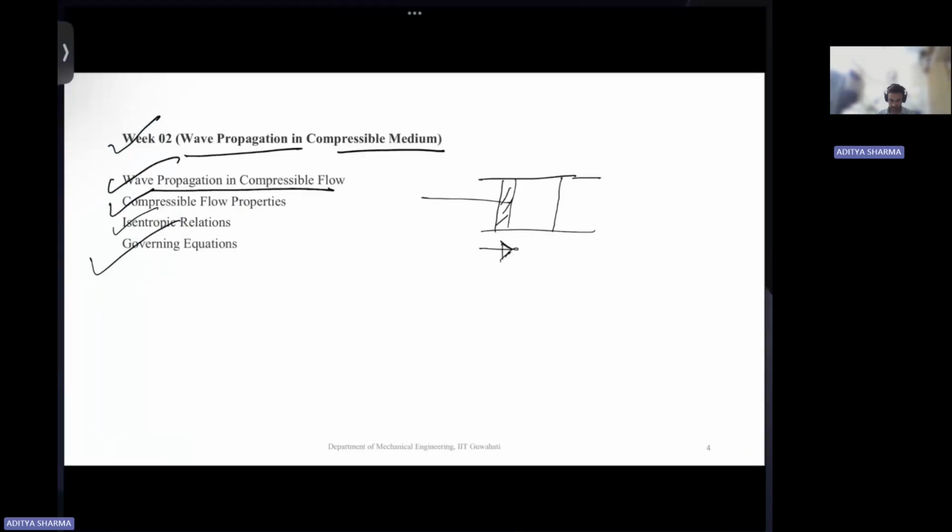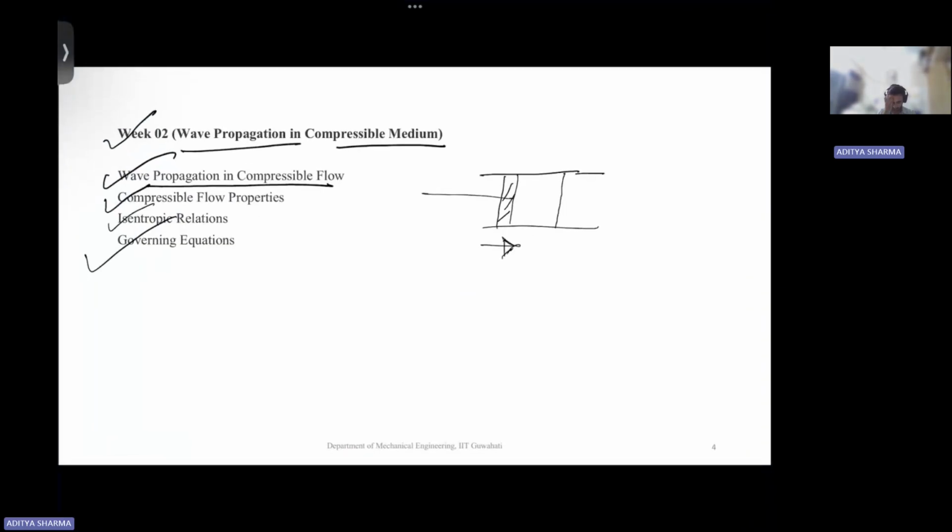So this is there in your week number 2, where we got introduced to your compressible flows. Okay.